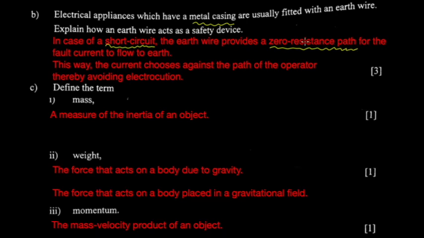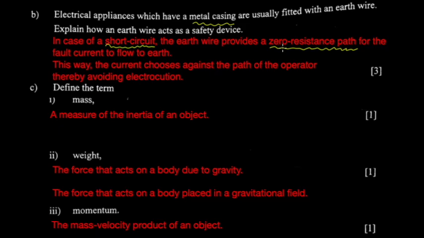You may have heard that electricity takes the path of least resistance. So if we connect an earth wire to the ground, the resistance there is zero. It's a zero resistance path.